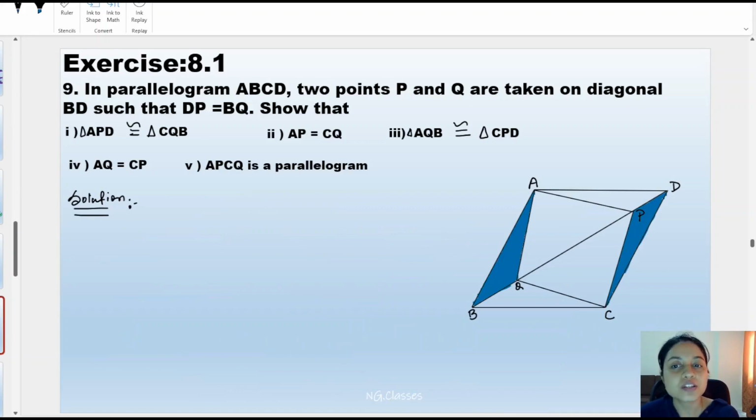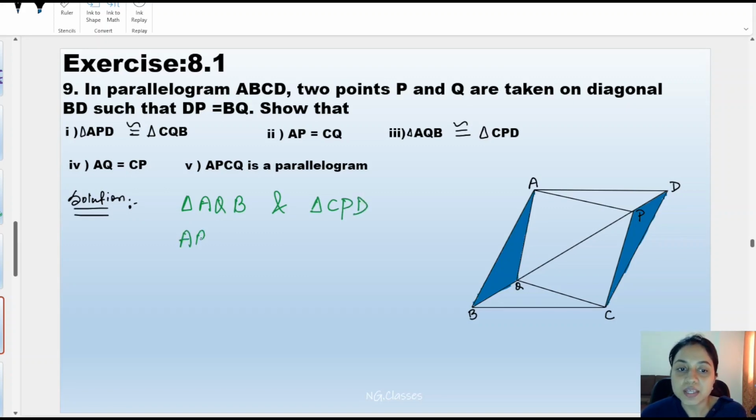So let's focus on triangle AQB and triangle CPD. Can you see the blue colored triangles? Yes. So here in triangle AQB and triangle CPD, we can say that side AB must be equal to side CD, as ABCD is a parallelogram and opposite sides of a parallelogram are equal to each other.